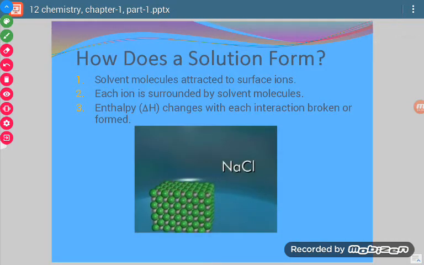Solvent molecules are attracted to surface ions, each ion is surrounded by solvent molecules, and enthalpy changes with each interaction, broken or formed. This is just repetition. This is an ionic compound with a compact structure, so all these ions will break down and then individual ions will be surrounded by solvent molecules.